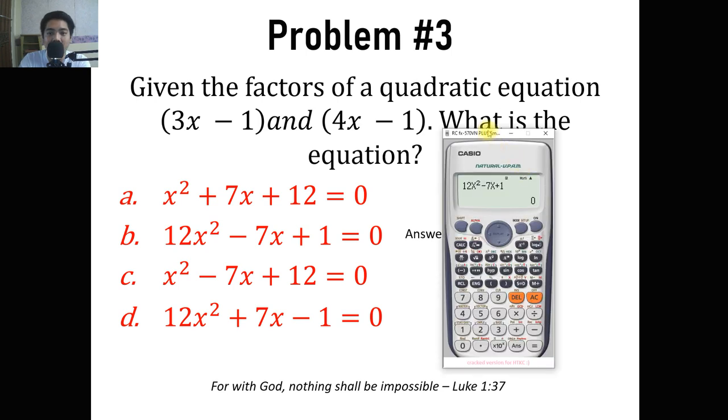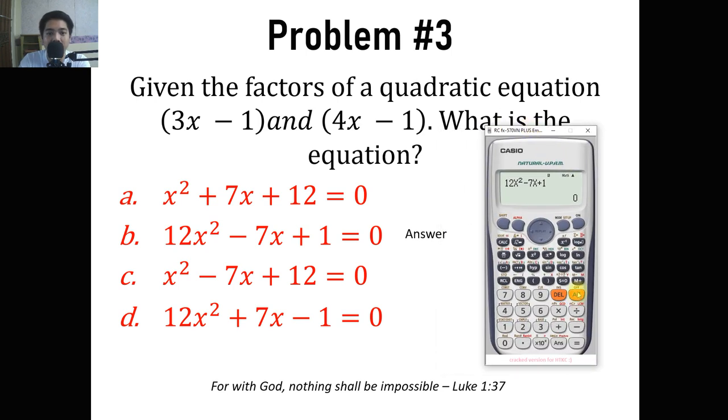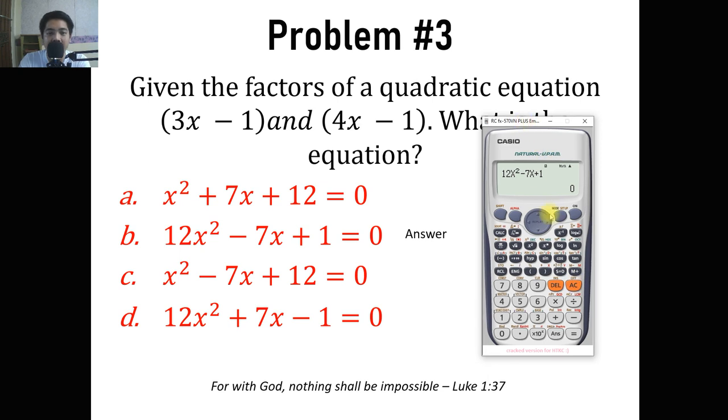We need not go through the other choices because both 1/3 and 1/4 have a remainder of 0 when we substitute them in the multiple choice, letter B equation. Okay? So if we are going to try furthermore, in letter C, it should not equal 0.